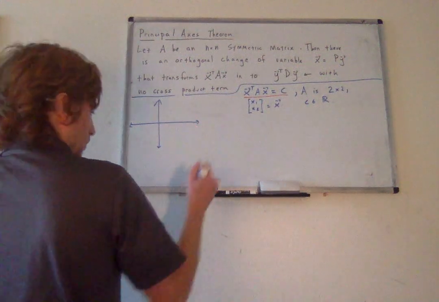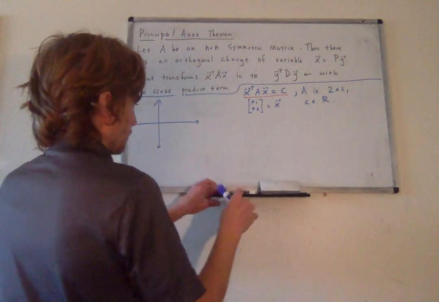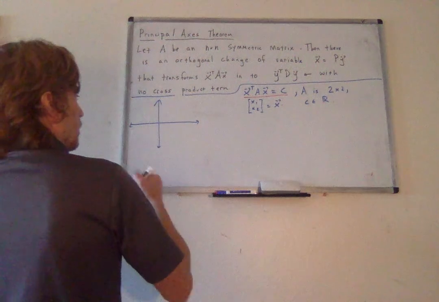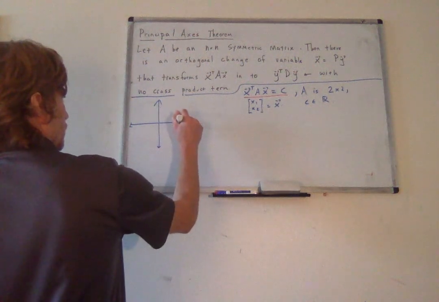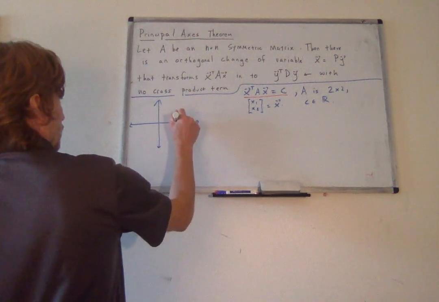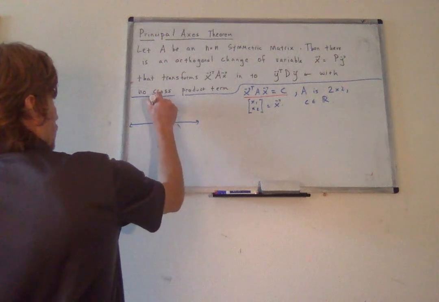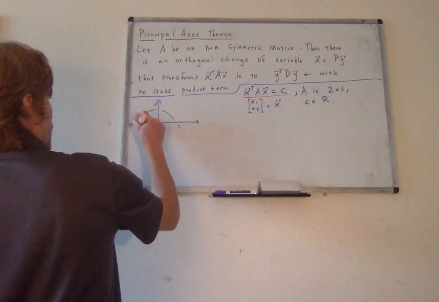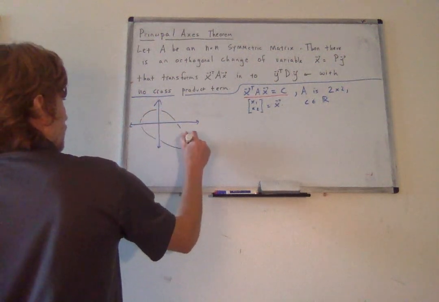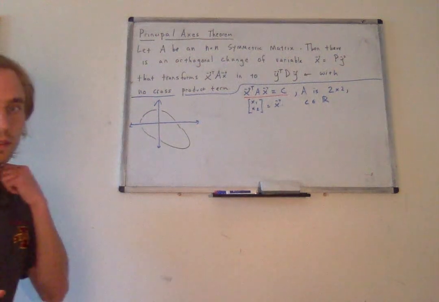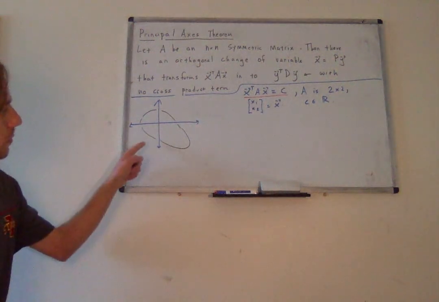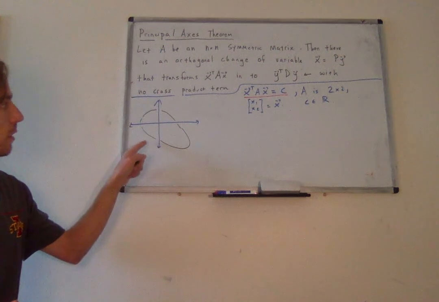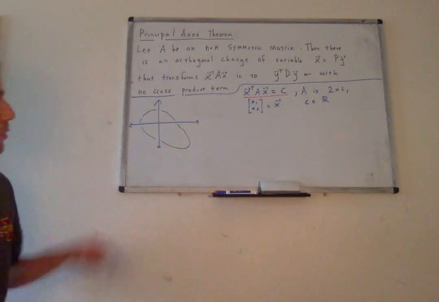So for example, see if I can draw an ellipse here. It's a little not ellipse. It kind of looks like an avocado. Imagine that's an ellipse.